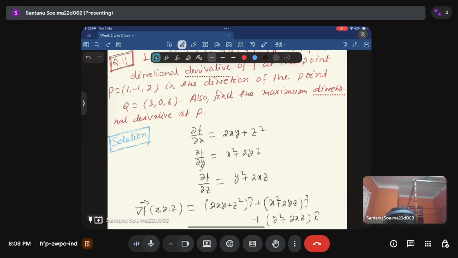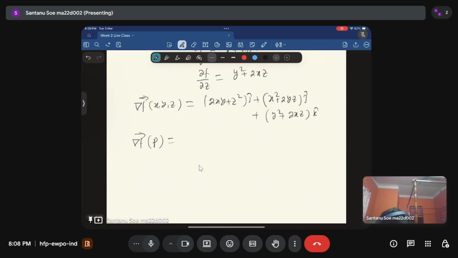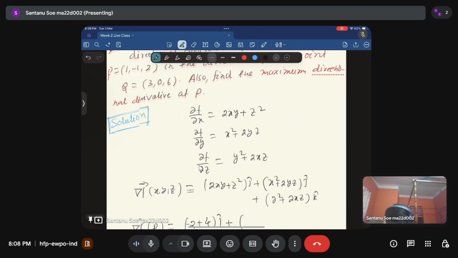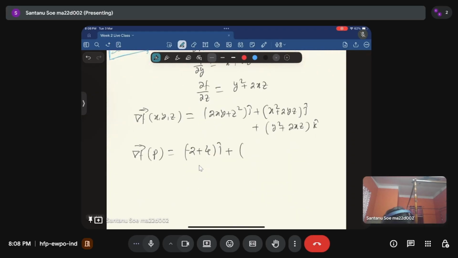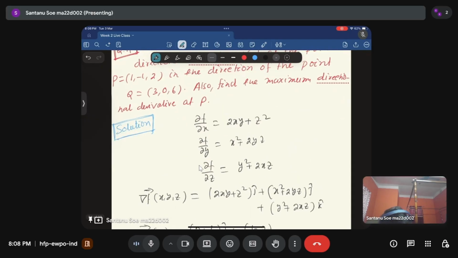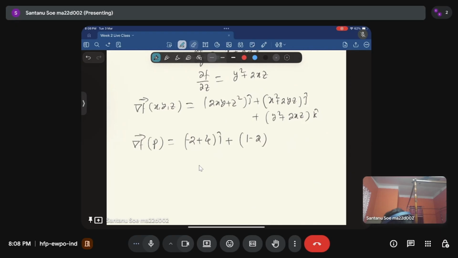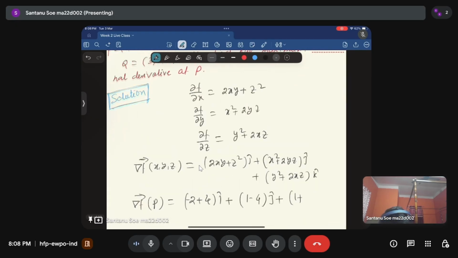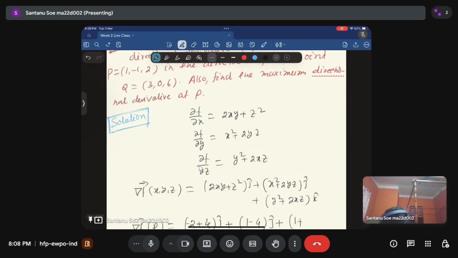So P is just 1, minus 1, 2. So this is gonna be minus 2 plus 4 i, plus this is x square, so 1 minus 4, j, plus this is minus 1 plus 4 k.